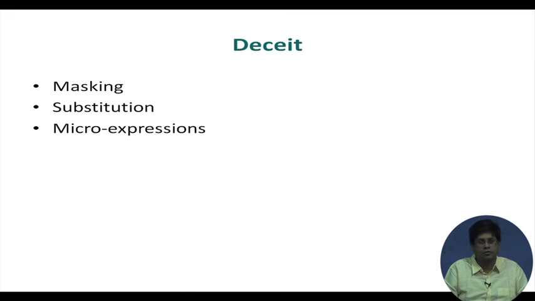Masking is something which is related to squelched expressions. Masking is where even before or during the emotion appearing, you control it. Masking can happen by putting up a deadpan face, which is a face without expressions. Masking can also take place when you substitute one expression for another expression.